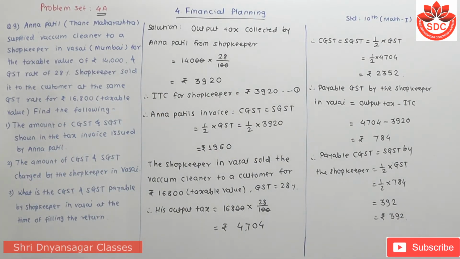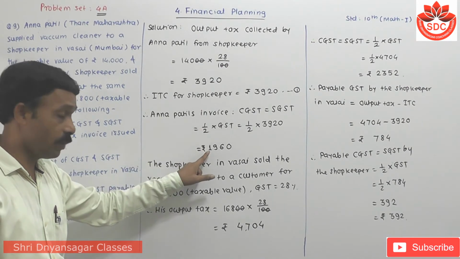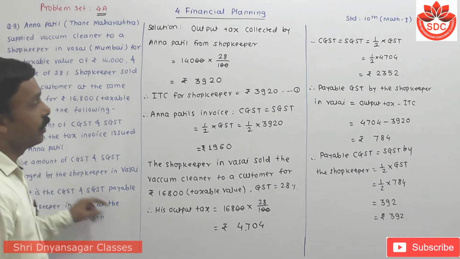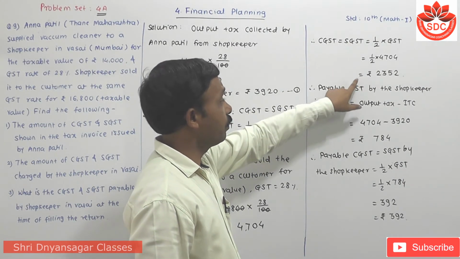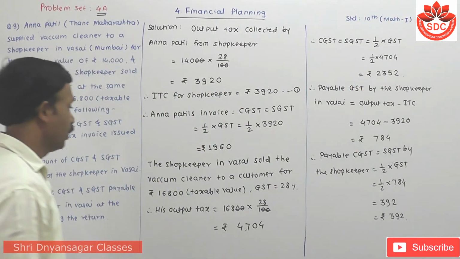Student, you have to write the answer in full sentence. The first one is the amount of CGST and SGST shown in the tax invoice issued by Anna Patil is 1960 rupees. Second one is the amount of CGST and SGST charged by the shopkeeper in Vasai is rupees 2352.